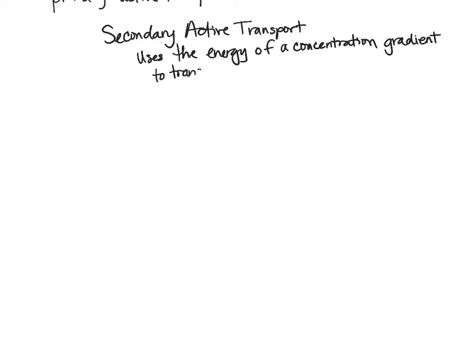So this is going to be a situation where we allow one molecule to move down its concentration gradient and then use that energy of that concentration gradient to move a different molecule up its concentration gradient.